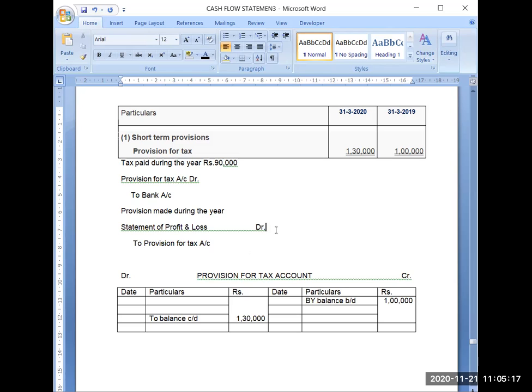So these two entries can be there. This will be for tax payment and this will be for provision made during the current year.